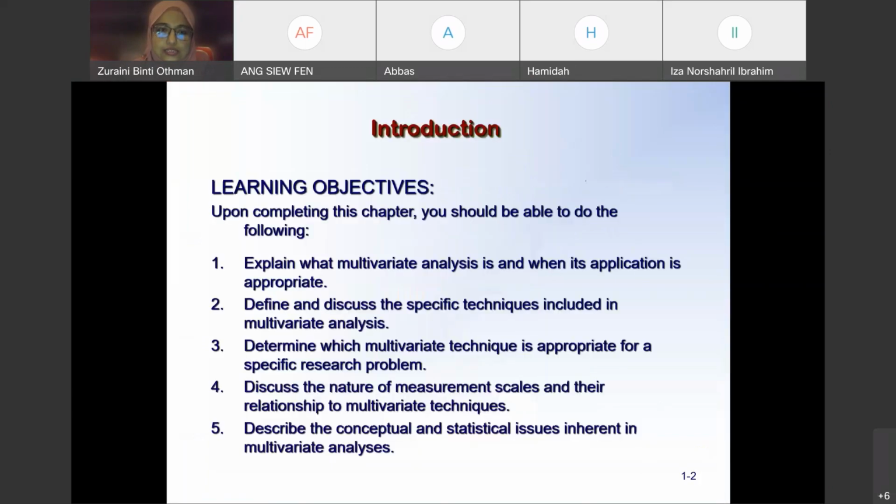Okay, so this is the learning objective for this chapter.